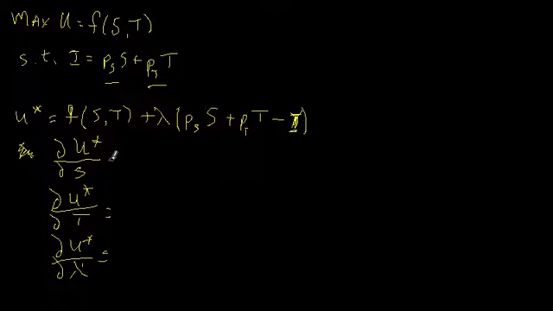And this is an unconstrained optimization problem. We want to set these partial derivatives all equal to 0 and see what the resulting rule is for maximizing utility.